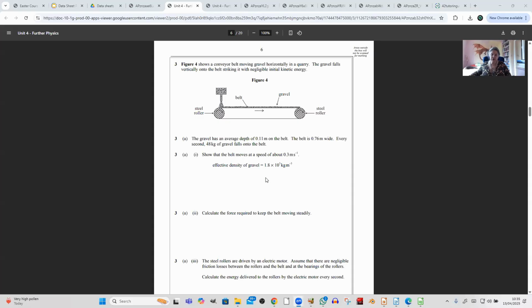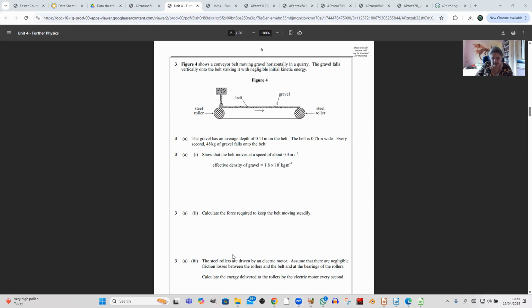Right, now I'm going to go back to my question. So we've done 3 part A, and now what I want to do is look at 3 part A, I. Again, we're going to use our Ninja question reading, and now we're also going to use our problem solving method to see if we can figure out what to do with 3AII.